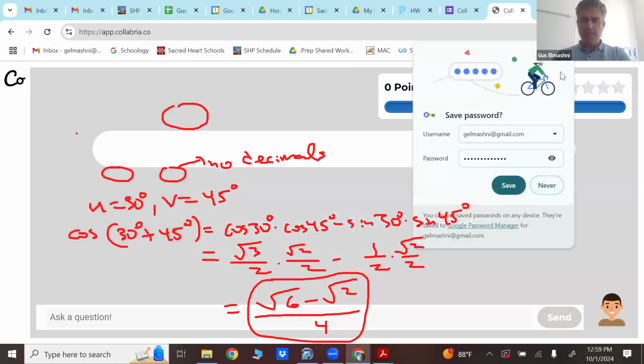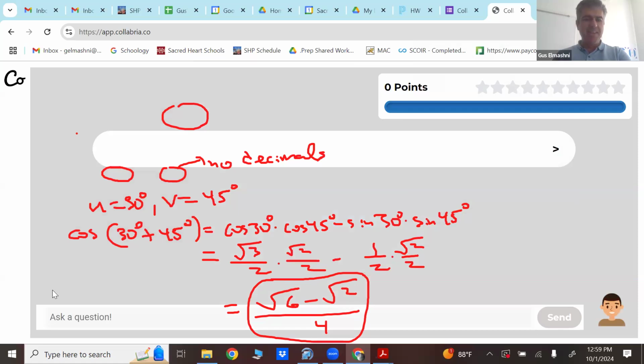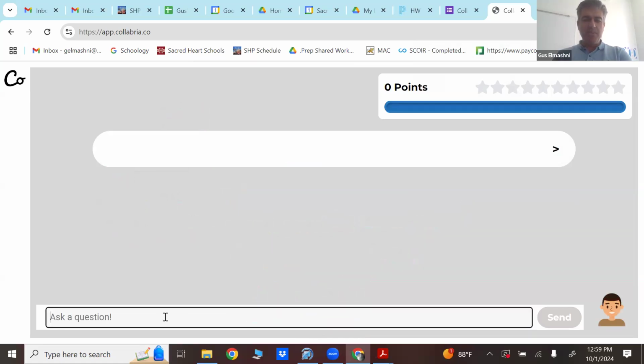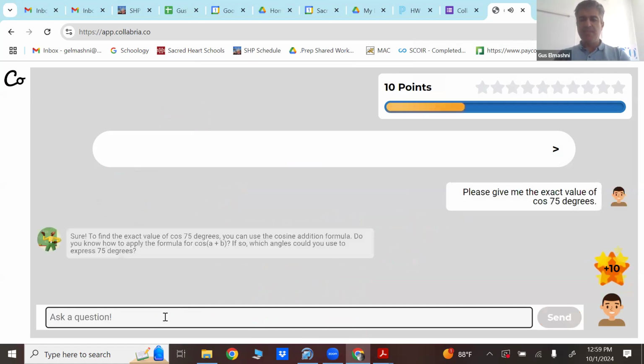Not gonna expose my password. Okay. All right. Anyway, so please give me the exact value of cosine 75 degrees. Let's see what this guy says.